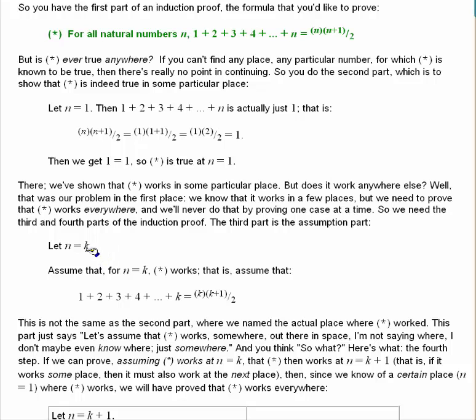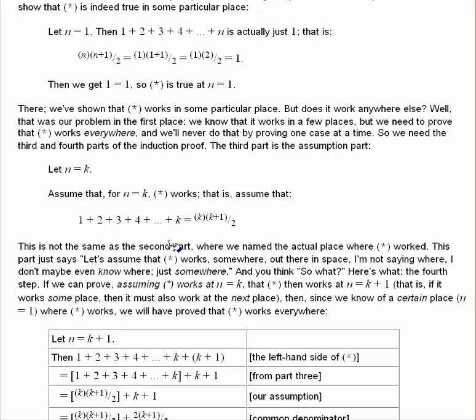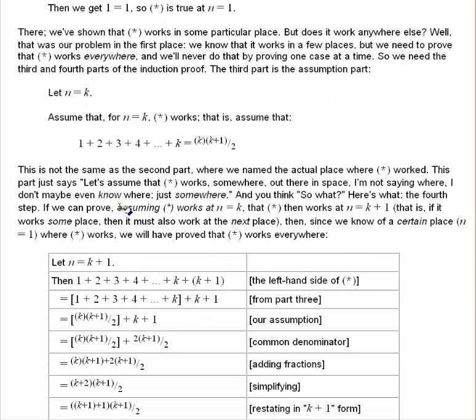So this k, we know that k equals 1 works. We're going to assume that it works for n equal to k. And what we want to show is that if we can assume it works for n equal to k, if we can use that fact to conclude it also works for n equal to k plus 1, then it will work for any value of n.